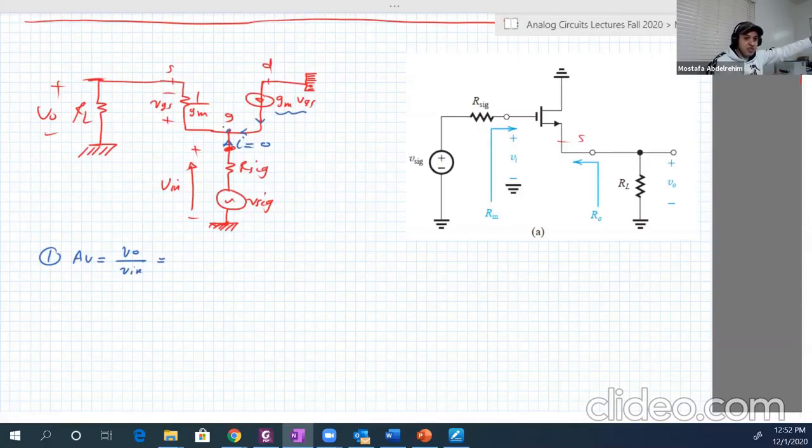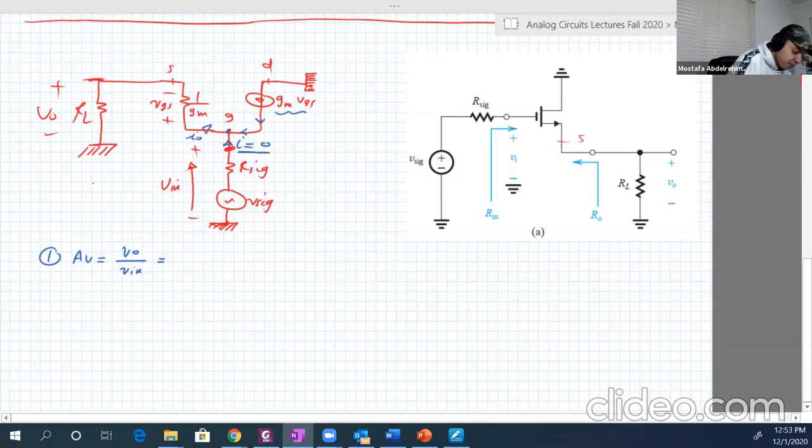Some part will go to the first branch, another part will go to the second. But remember, I is equal to 0. So this current here, let's call it IO, is equal to I plus GM VGS. I is equal to 0, so it's equal to GM VGS.